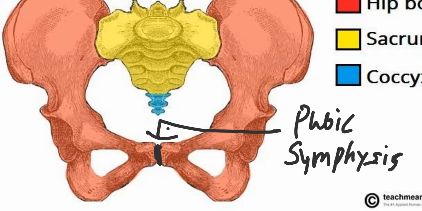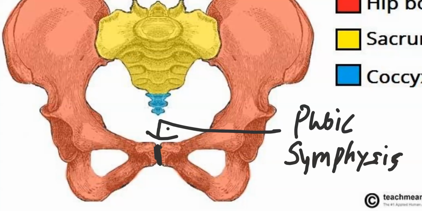What is a pubic symphysis? Look at it. The two coxal bones of the pelvic girdle, they meet ventrally and they establish a joint which is called as pubic symphysis. This joint is established by fibrous cartilage between these two bones.